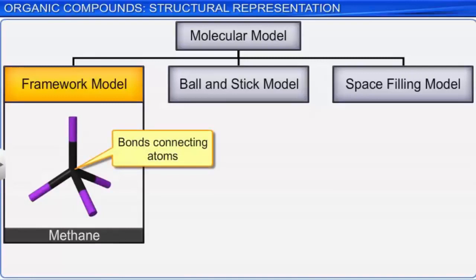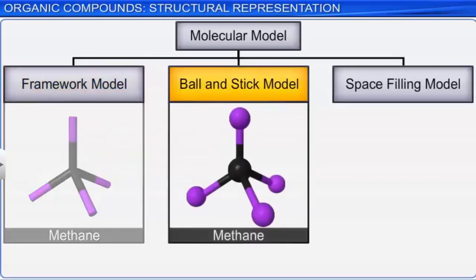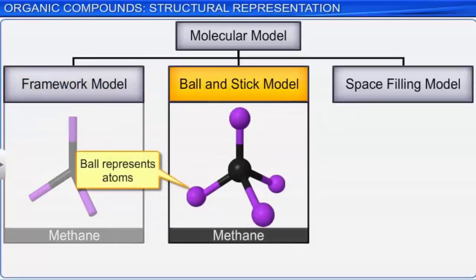Only the bonds connecting the atoms of a molecule are shown. This model is used to study the patterns of bonds and does not consider the size of the atoms. In the ball and stick model, both bonds and atoms are shown. The balls represent atoms while sticks represent bonds.